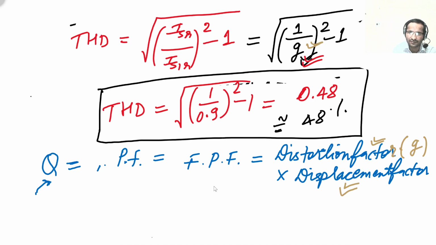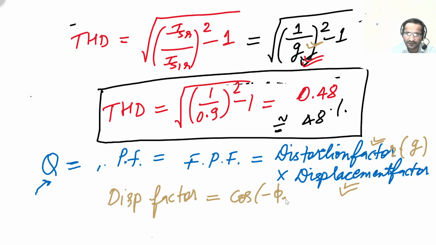This g is the distortion factor we calculated, and the displacement factor is cos of minus phi n, which we represented in the Fourier series equation, cos of minus n alpha, where n equals 1 because we are finding the fundamental power factor.